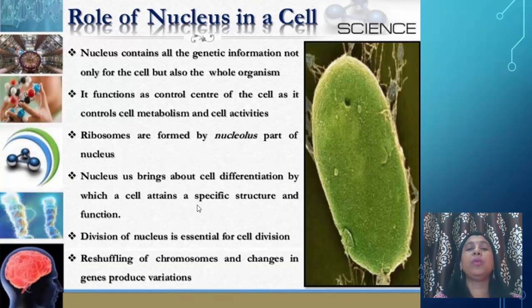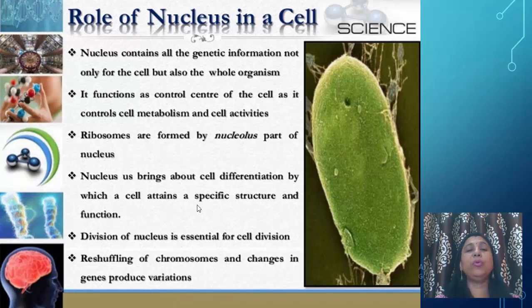Now, what is the role of nucleus in a cell? Nucleus contains all the genetic information not only for the cell but also for the whole organism. It functions as the control center of the cell as it controls cell metabolism and cell activities.